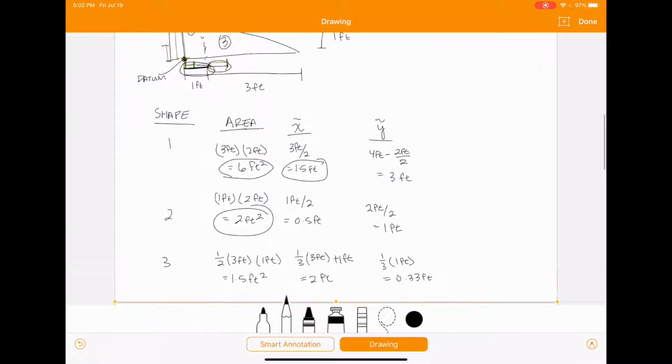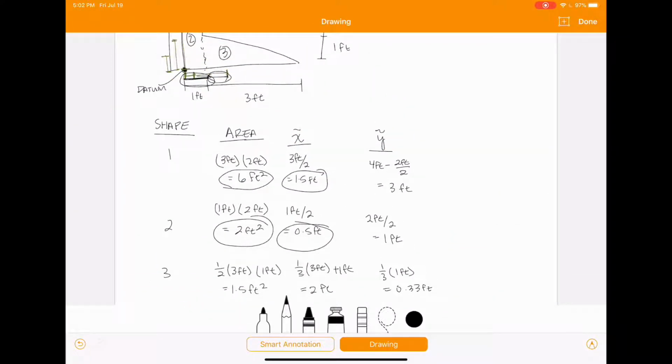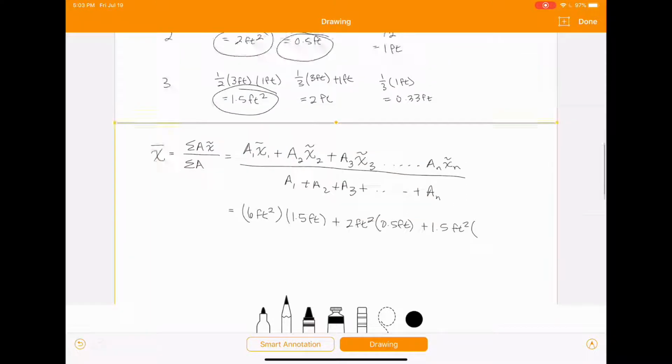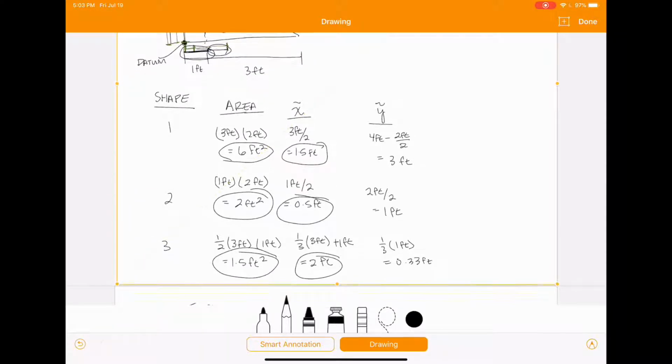X tilde 2 is going to be 0.5 feet. Plus area 3 is going to be 1.5 feet squared. X tilde 3 is going to be 2 feet.